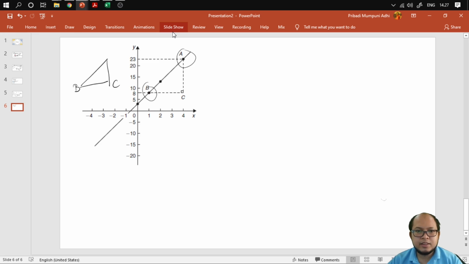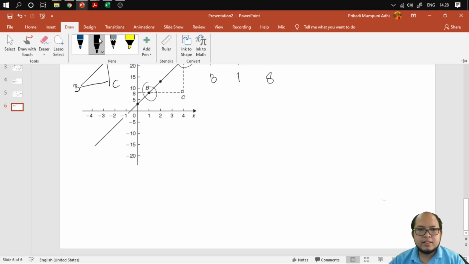This is B, C, and A. Point A has x equal to 4 and y equal to 23. And point B has x equal to 1 and y equal to 8.